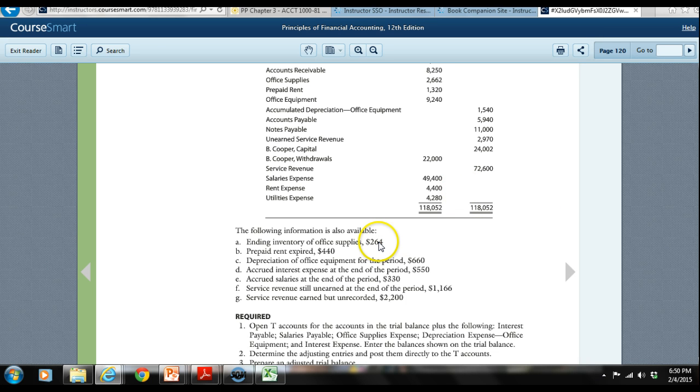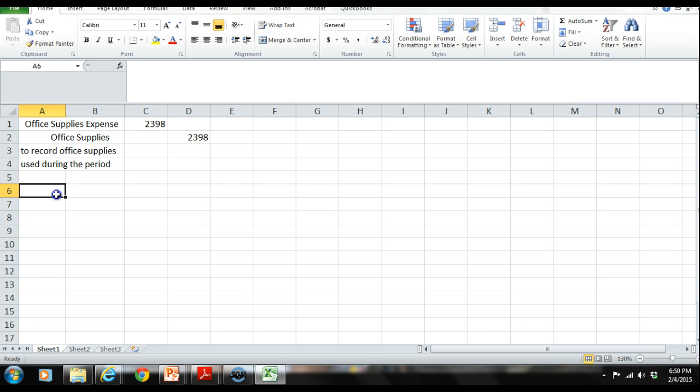So this journal entry is telling us what to do. $440 of prepaid rent expired. What am I going to do? Guys, I am going to debit. Remember, debit always happens first. And I know expenses increase with debits.